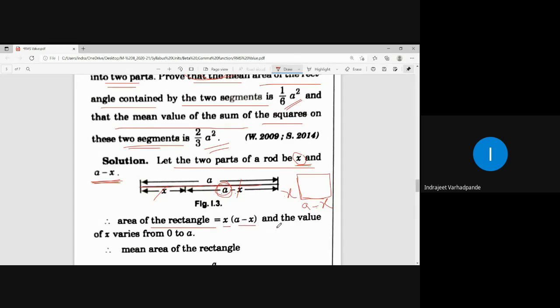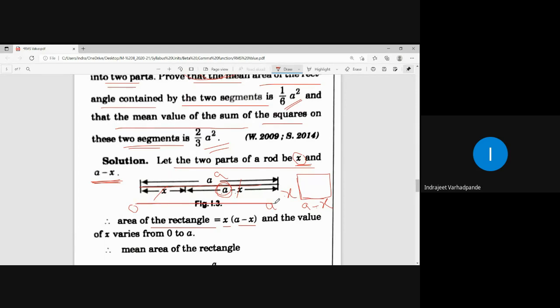And the value of x varies from 0 to a. Why have I taken it from 0 to a? What is the complete length of the rod? The complete length of the rod is a. It starts from 0 and ends at a, so that the complete length is measured as a.